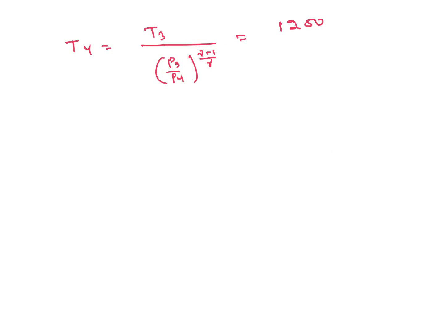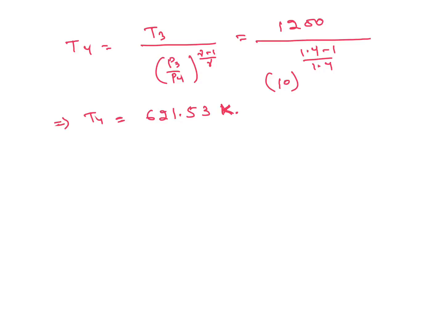T3, the turbine inlet temperature, is 1200, pressure ratio is 10, gamma value is 1.4, minus 1 divided by 1.4. If you solve this one, T4, the turbine exit temperature, is 621.53, but this is for ideal condition. Isentropic efficiency is given. From the isentropic efficiency relation you will get the actual turbine exit temperature T4 dash, that you have to find out.